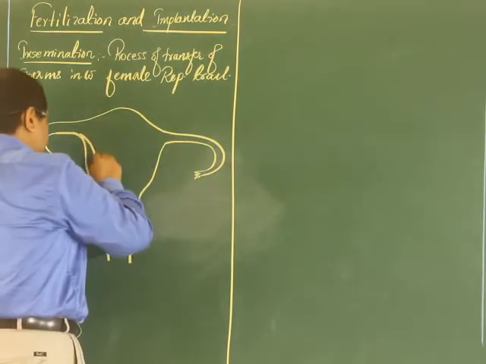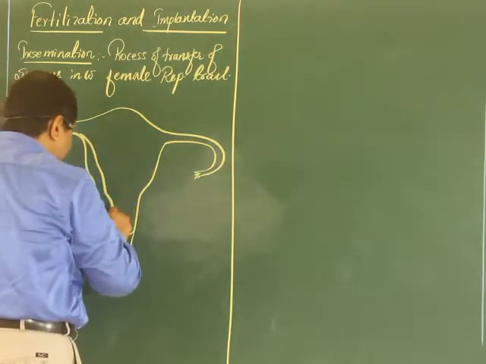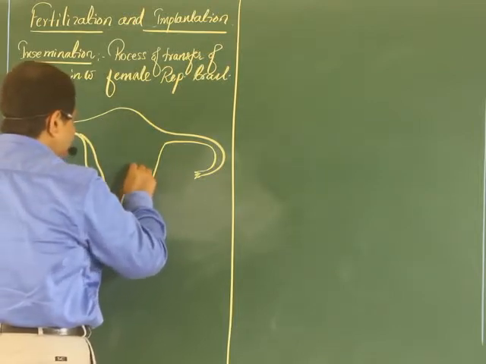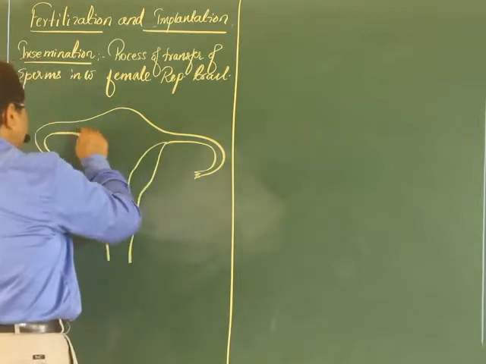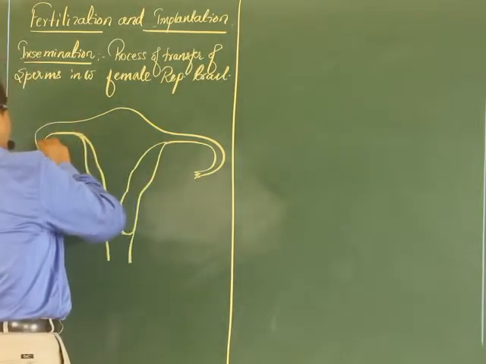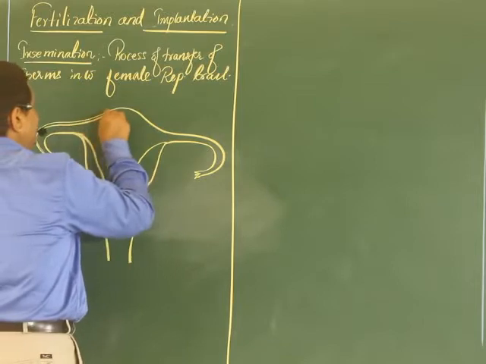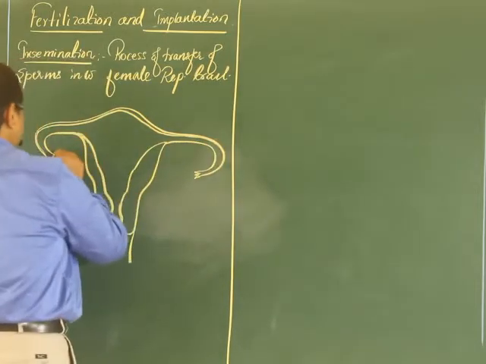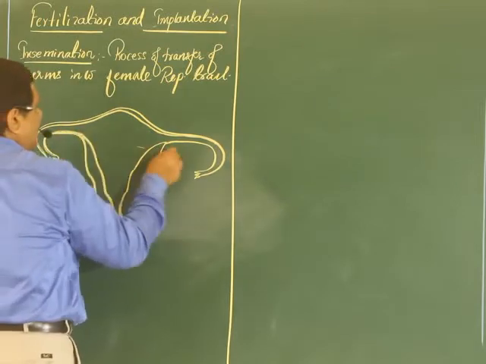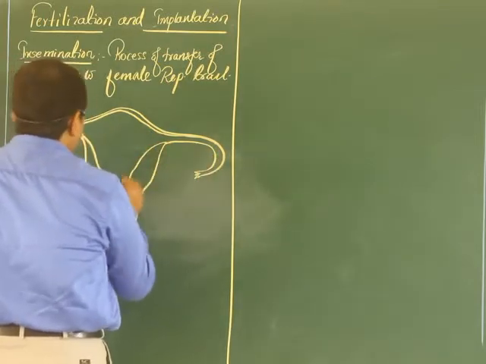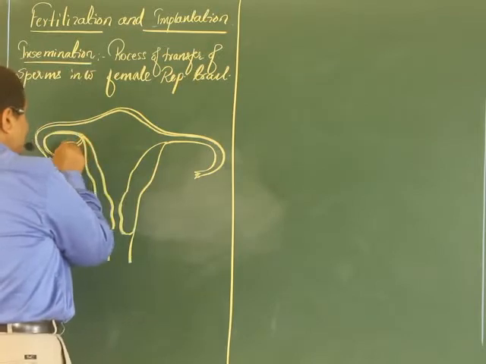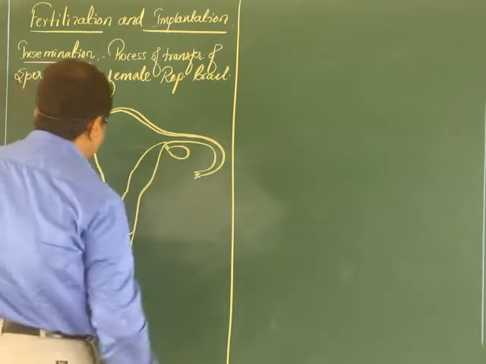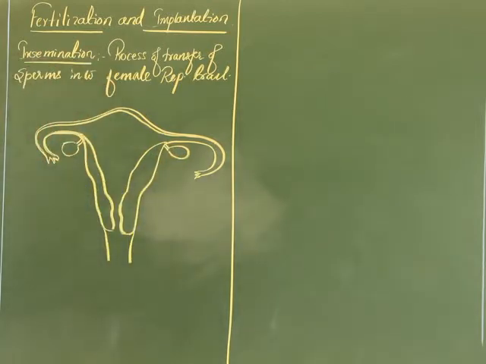And here there will be a thick myometrium, and the deciduous layer, called endometrium, will also be there. This is the uterine fundus. And here two ovaries are attached like this.